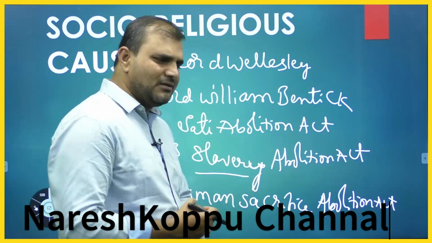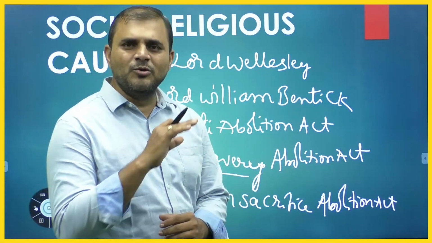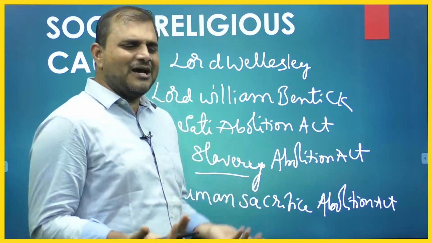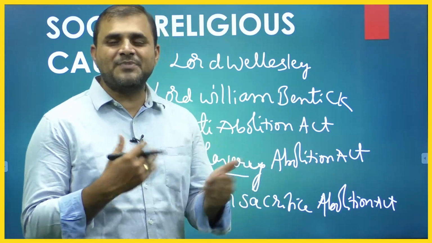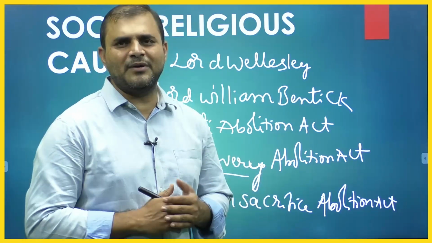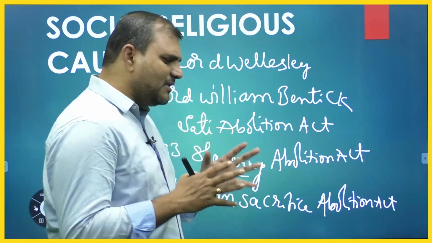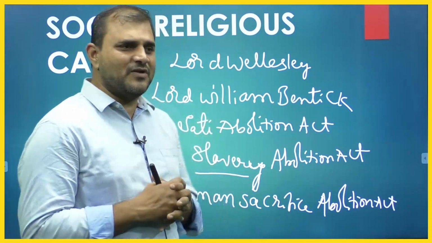If any person converts into Christianity, they will not lose their father's property. They are just converting into another religion. That is not a problem with the parents' property. They can inherit the property of their parents. It means they are intentionally encouraging religious conversions.